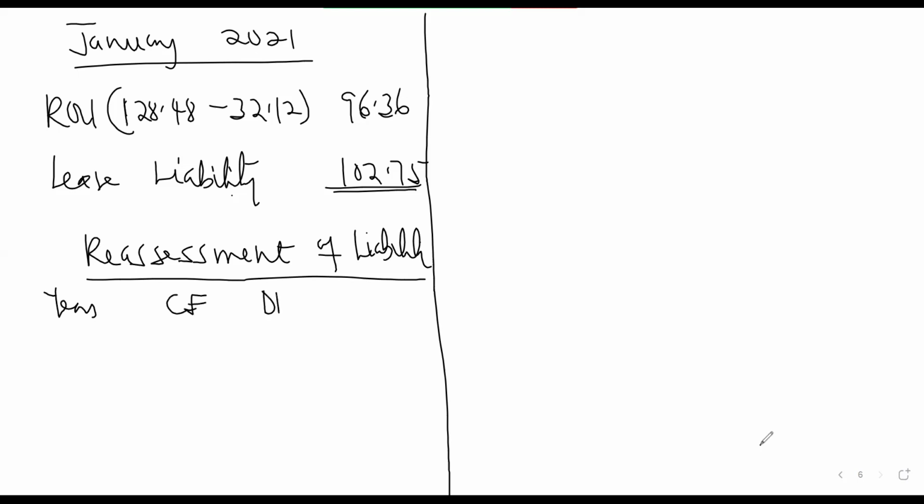So that will be the discount factor here, and that will be the present value. So we now have 1 to 6. The cash flow will still be 45. Then the discount rate will be 14%. Okay, what are we getting? Discount factor at 14% for 6 years: 3.889.